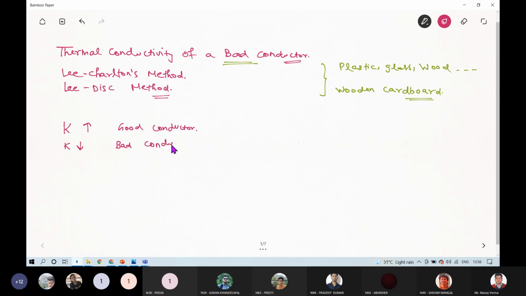Because your Q, that is the amount of heat transferred, is directly proportional to the area of cross section, and the amount of heat transferred through any material is inversely proportional to the length of that specimen, and this Q is also proportional to delta T, that is the temperature gradient.